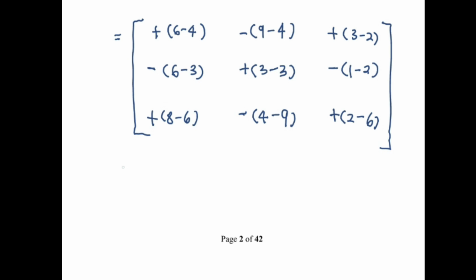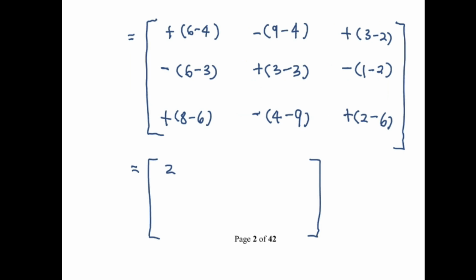Then lastly, you will get the cofactor matrix 2, negative 5, 1, negative 3, 0, 1, 2, 5, negative 4.